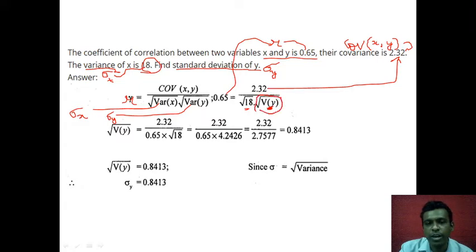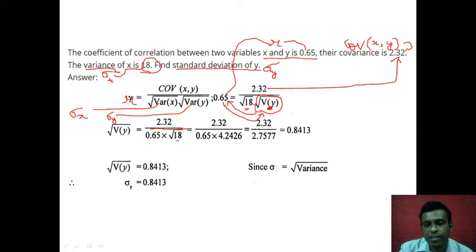Once you substitute this, you send the square root of variance y, which is in the denominator, to the other side and bring 0.65 here. So what will you get? The square root of variance y is equal to 2.32 as it is in the numerator, divided by 0.65, that has come down from here, into the square root of 18.